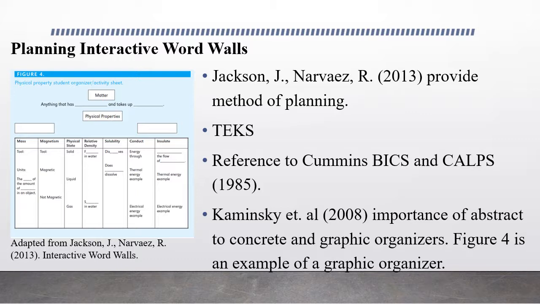But here you see an example of an interactive word wall worksheet for students. You have to be able to have a student understand a concept, so it goes from abstract to concrete, and the graphic organizers do a very good job of completing this task.